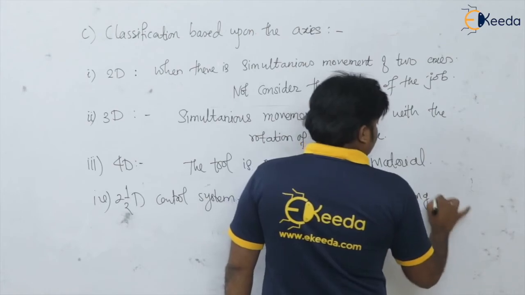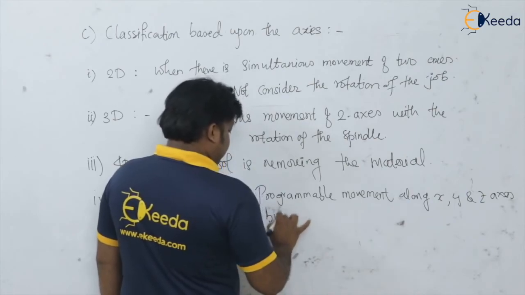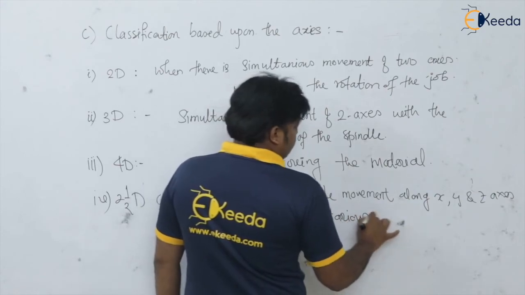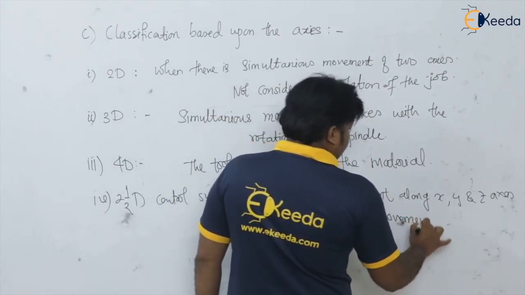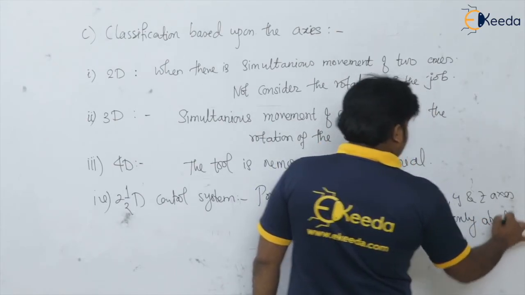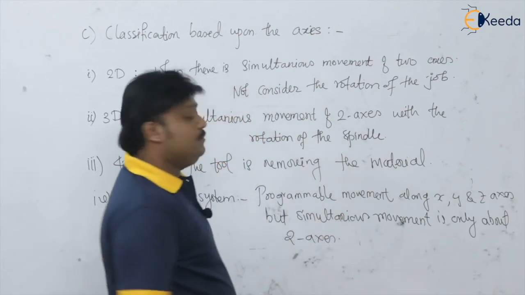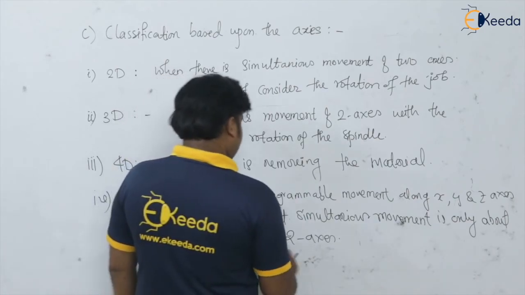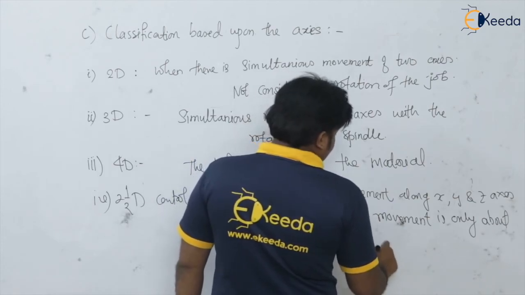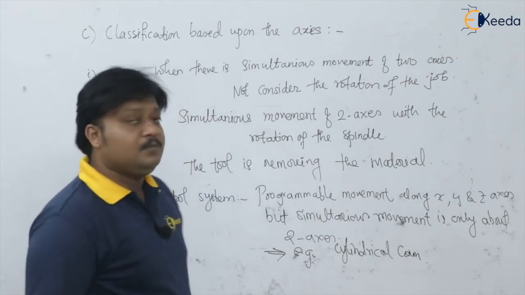But if you look at the simultaneous movement, it is only about two axes. This is known as 2.5D control. This is used, for example, if you take the cylindrical cam, where we use this 2.5D control system.